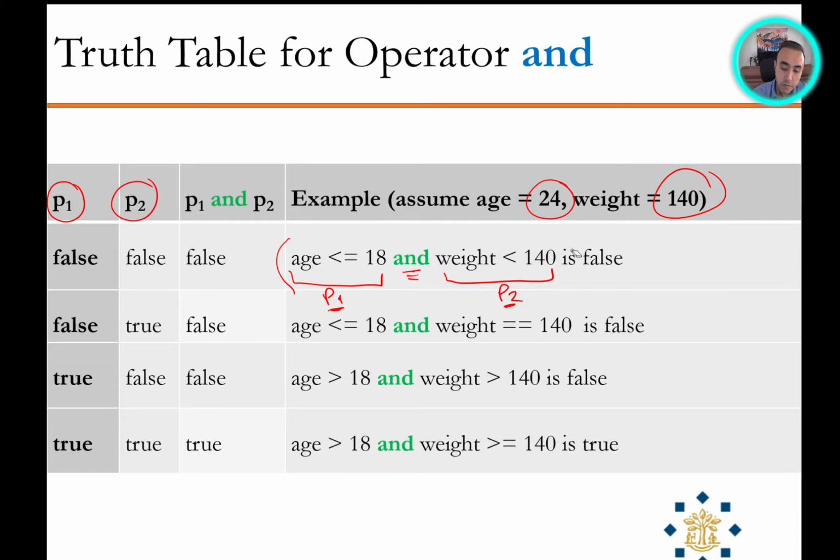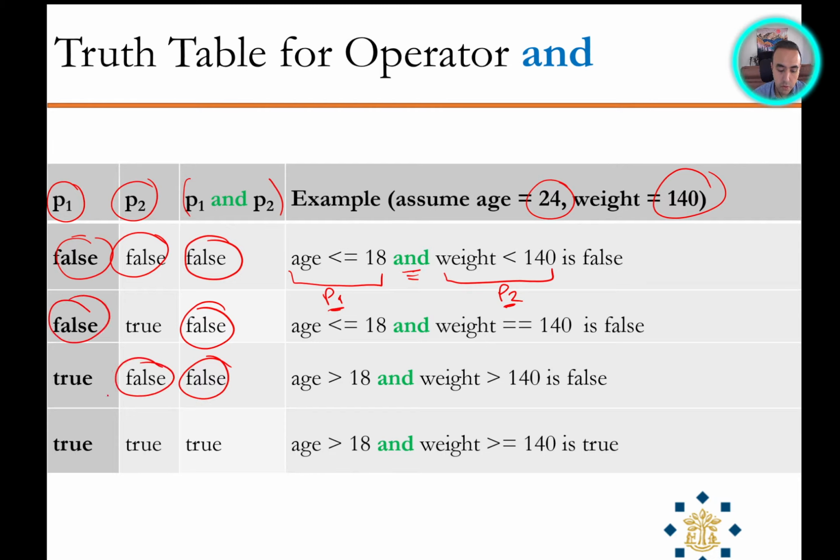If either one or both of them is false, then the end result will be false. So this is the end result for the compound, P1 and P2, okay? It's false under three conditions: if both of them are false, or if at least one of them is false. It doesn't matter if the other is true, that will end up false.